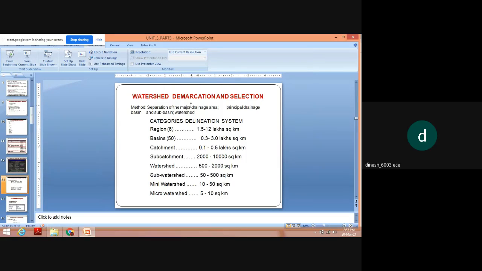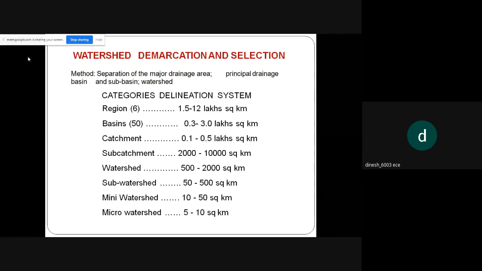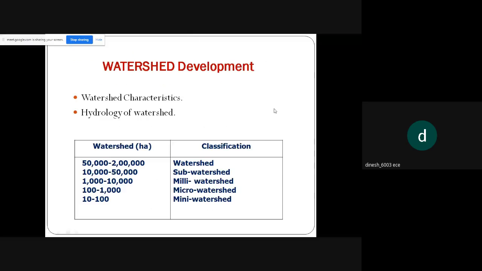So these are your demarcation lines, that is segregation of water into major drainage areas, basins, catchment areas, watershed areas. You can see the same in watershed development. The characteristics are classified based on watershed, sub-watershed, mini-watershed, and micro-watershed.